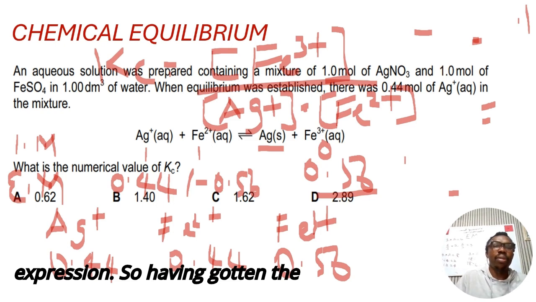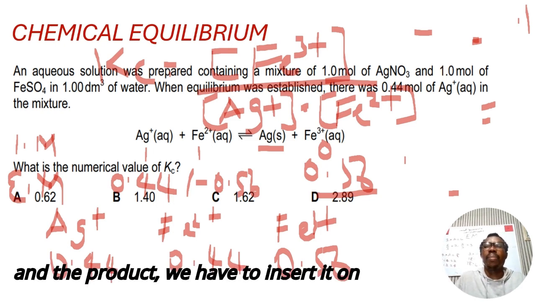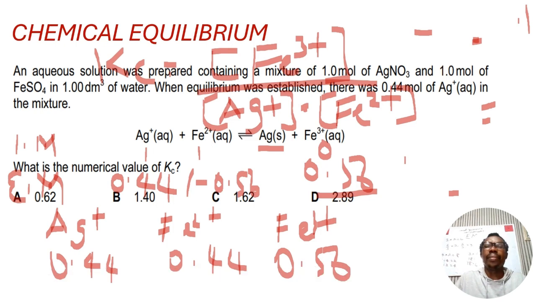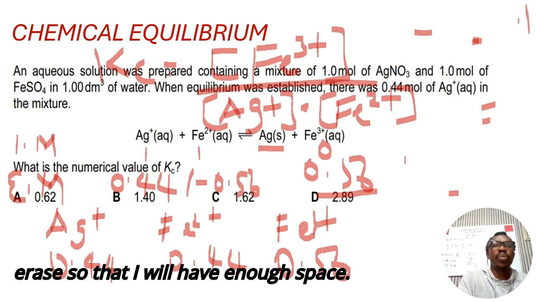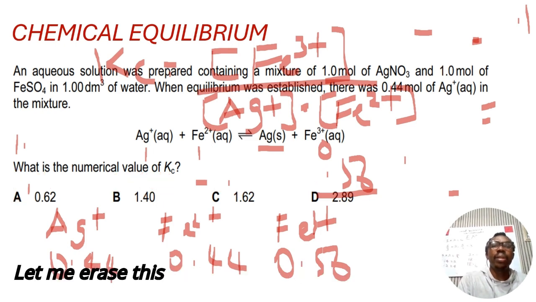So having gotten the equilibrium moles of each of the reactants and the product, we have to insert them into the equilibrium expression. So I have to erase so that I will have enough space.